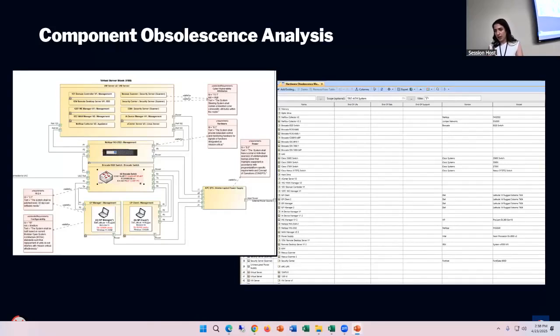So to be able to do the search, to be able to find any end-of-life dates, we require some type of searchable data. In this particular case, we have model and vendor data that we're able to search for the end-of-life components for. But we could also utilize part numbers. We can also utilize national stock numbers or NSNs.